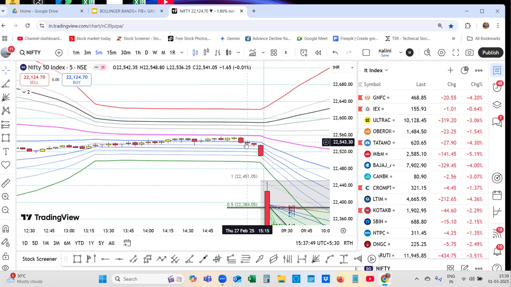In this uncertainty, the consolidation was below this 20 period moving average, this violet color line. Visually, the market is going sideways, with constriction of the Bollinger Band and even constriction of the Fib ratios.